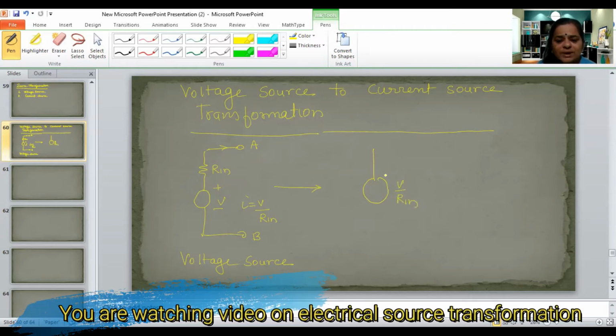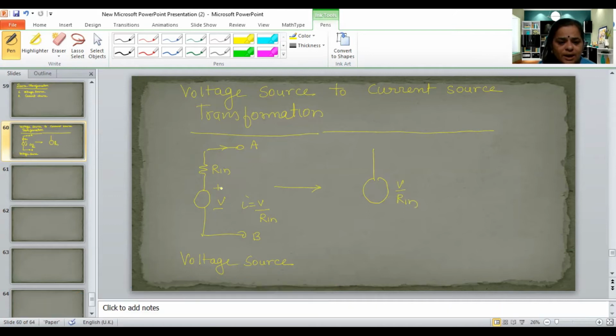Now, how do we take the direction of current of a current source? As you know, current always flows from the positive terminal of a battery to the negative terminal. So if the current flows due to this voltage source, the direction of current will be like this. That means the direction of a current source will be decided as per the direction of the DC voltage source.